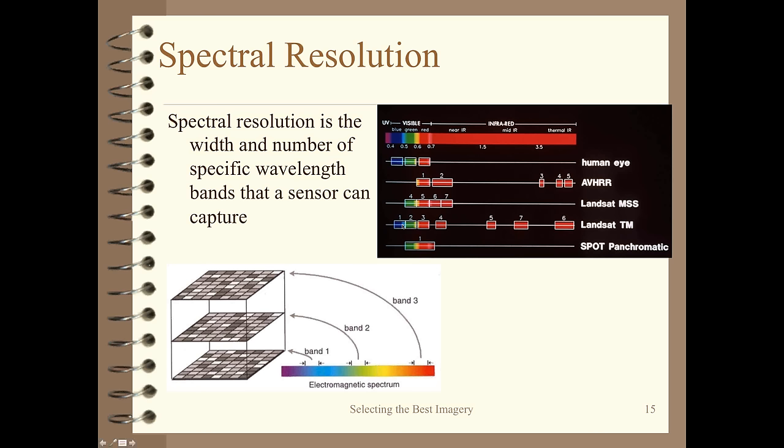You can see that we've got blue, green, red, near infrared, a couple of middle infrared wavelengths, and then into the thermal. So the nice thing about Landsat Thematic Mapper is that it's got really strong spectral resolution. It senses in wavelengths way beyond what our eyes can see, and quite a number of wavelengths, 7 in this particular case.